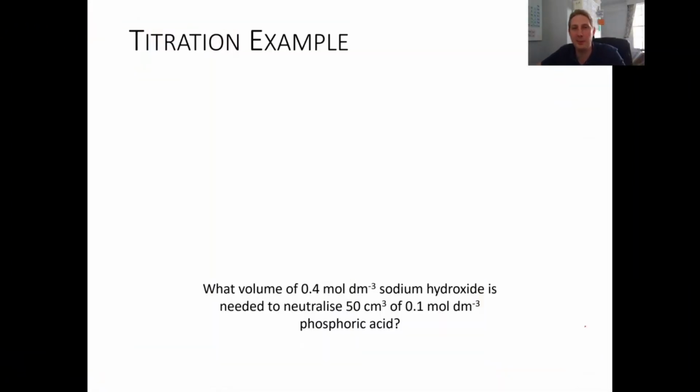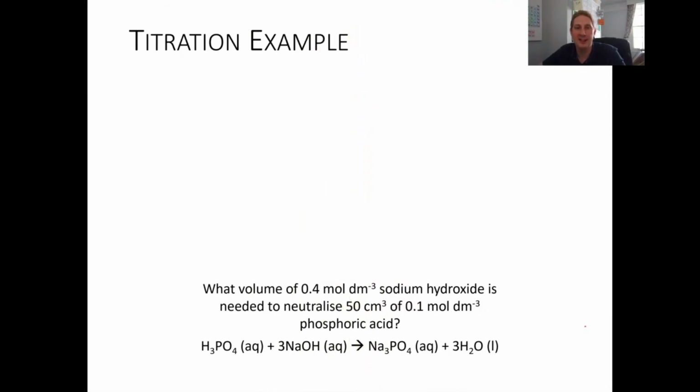Here's another example for you to try. What volume of 0.4 mole per decimeter cubed sodium hydroxide is needed to neutralise 50 centimeters cubed of 0.1 mole phosphoric acid? Have a think, see if you can do this without using tables. Here's the equation.